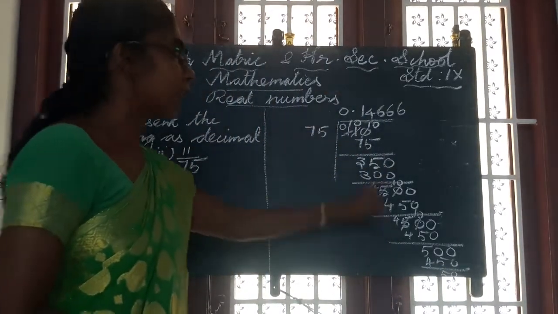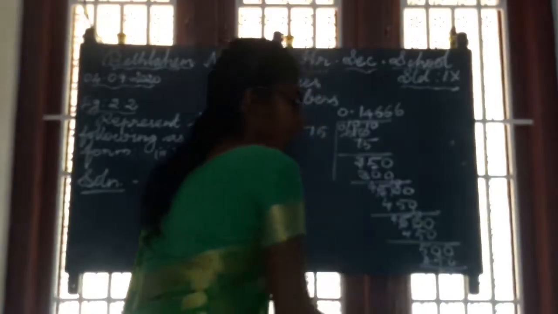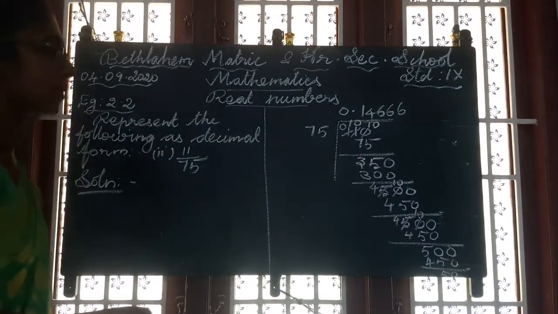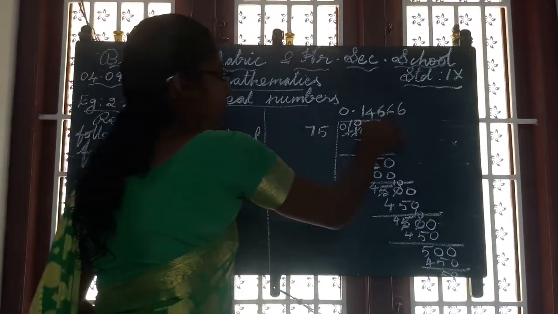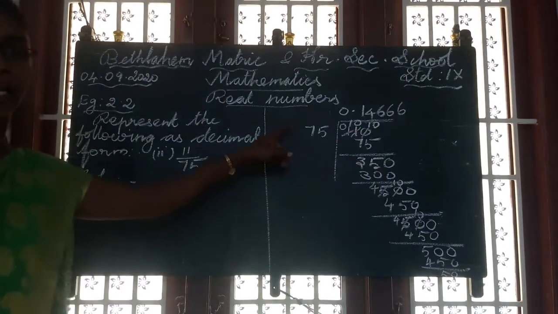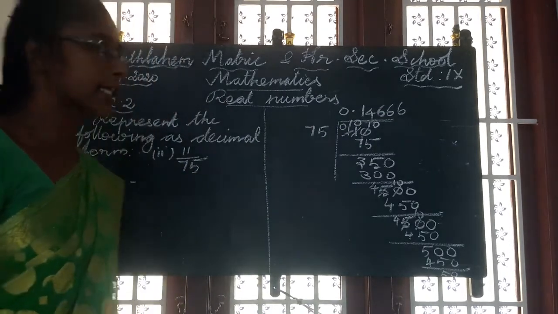Again when we are taking 6 times, here the remainder is not 0. We are getting a repeating block. So we can say this is a non-terminating and recurring decimal expansion.